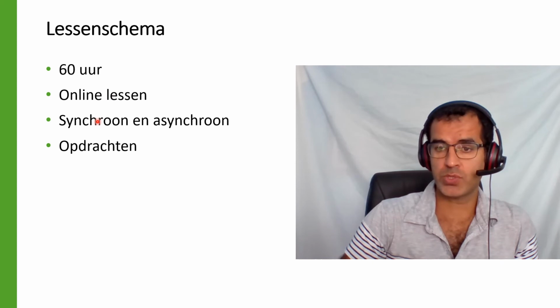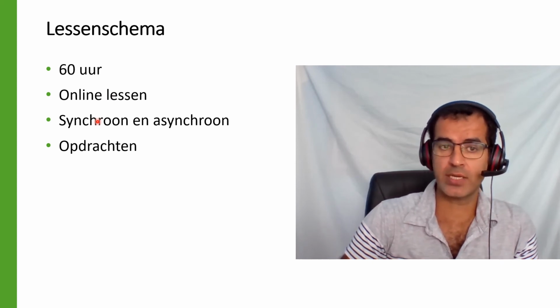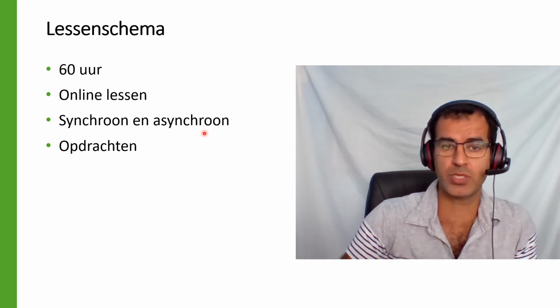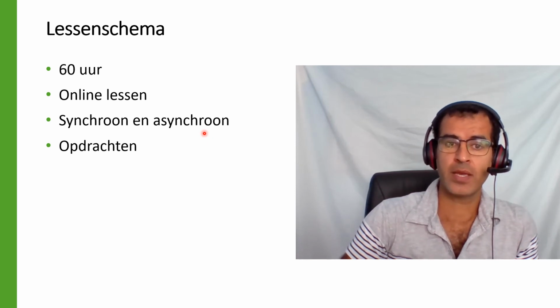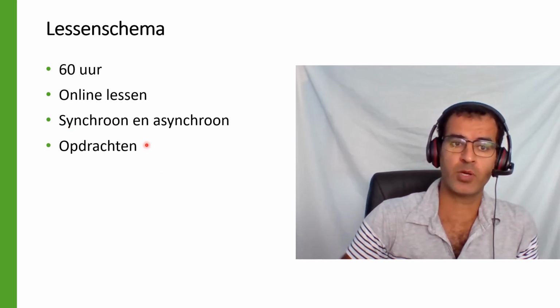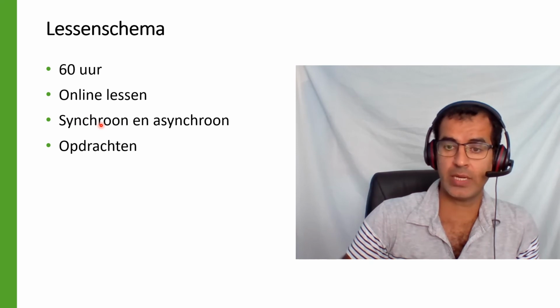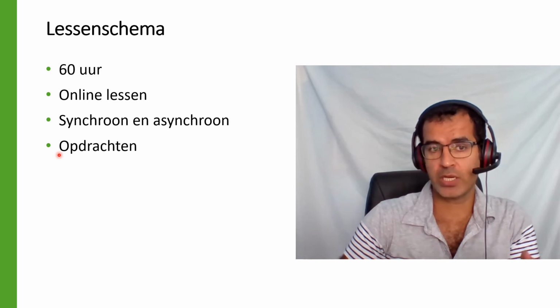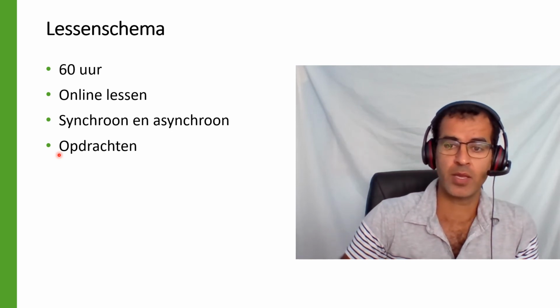A part of those lessons will be synchronized, and another part will be non-synchronized. Here the percentage depends on the progress of our work together. And in addition to the lessons themselves, you will receive a sort of assignments. Those assignments you are supposed to deliver before the deadline.